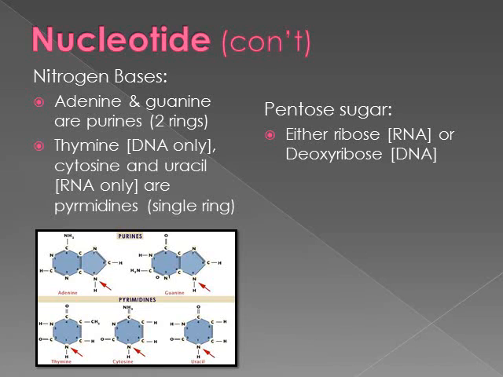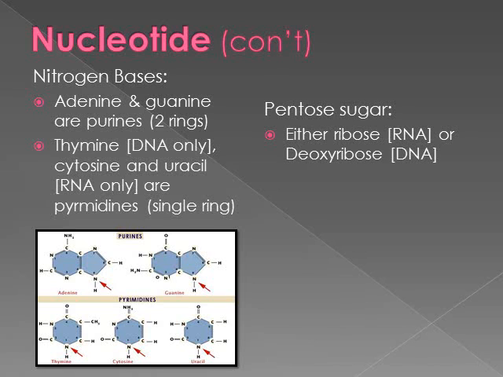Okay, the second part of our nucleotide is the pentose sugar. Pentose, we recall from doing our carbs, means that they are 5 carbon sugars. And we had a little look at these in our carb PowerPoint. So the 2 pentose sugars are ribose, which we find in RNA and several other nucleic acids, and deoxyribose that we find in DNA.